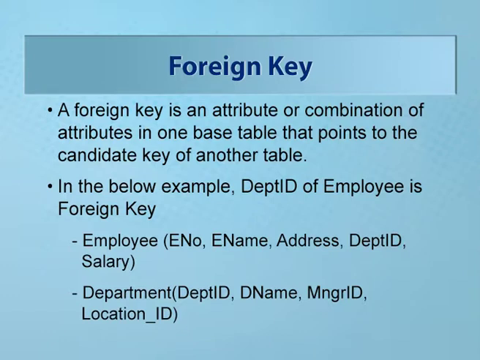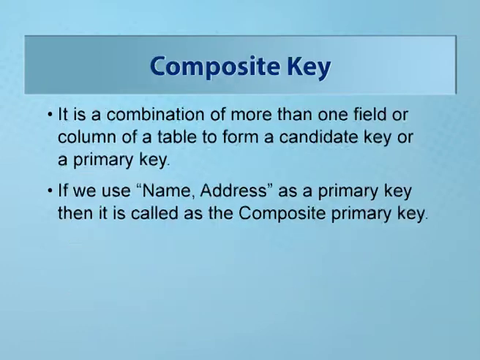Whenever the department ID changes, the field existing in the employee table reflects the same change. In that way we induce the referential integrity constraint in the form of a foreign key.